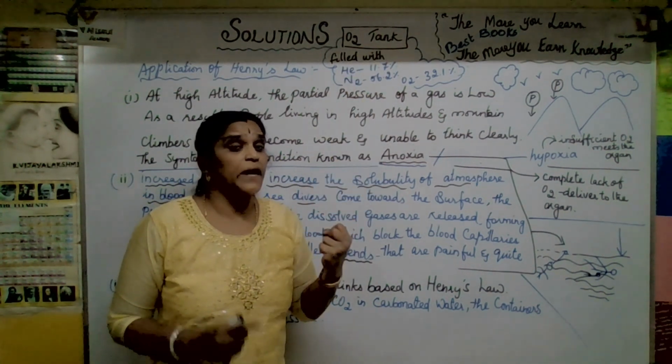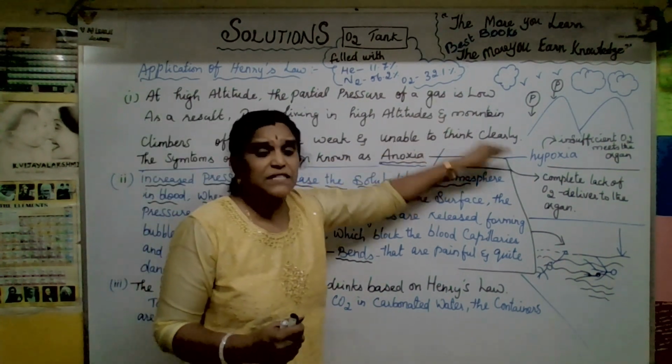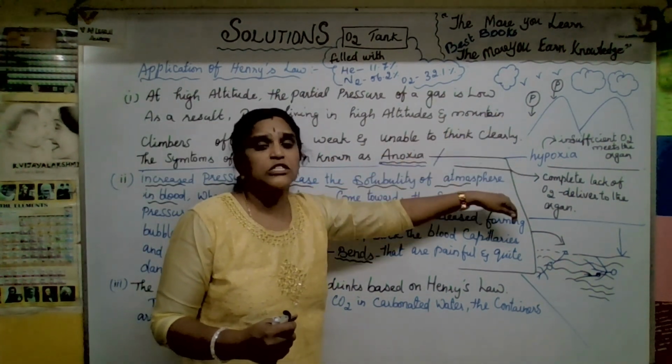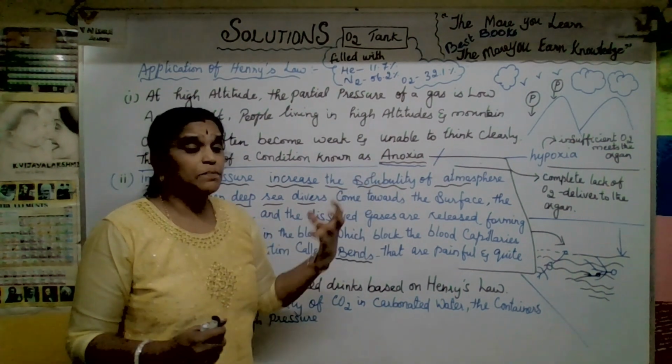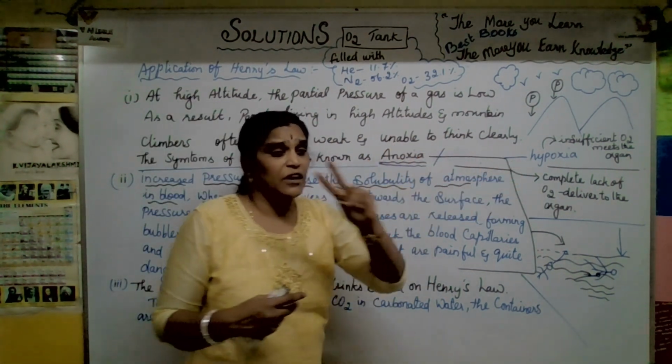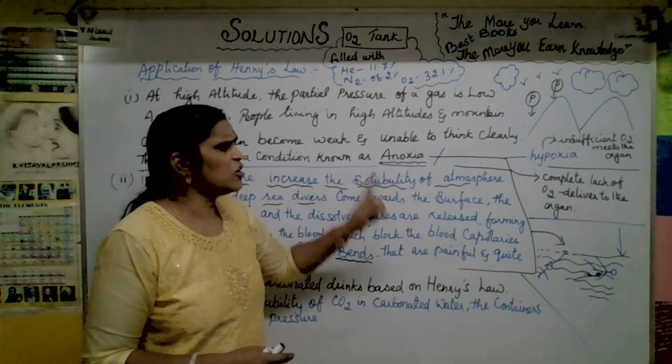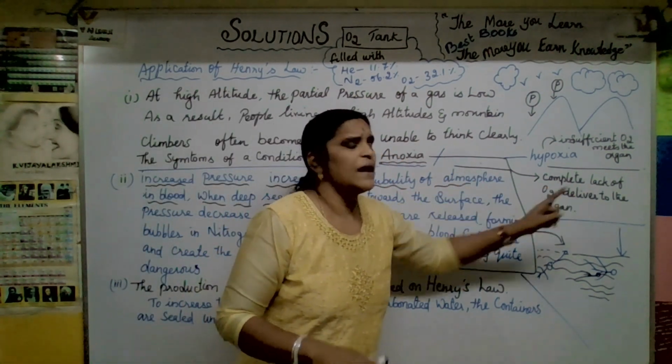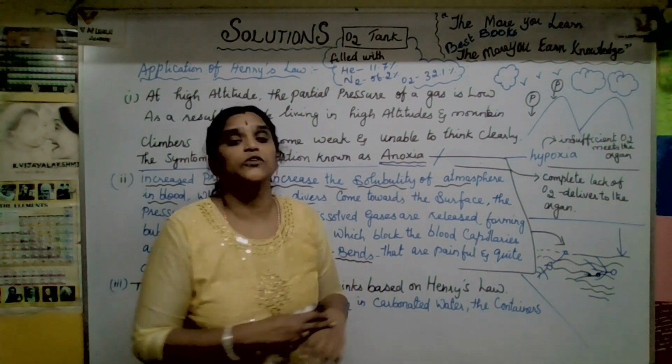At that point, what happened? The pressure is becoming low, and that causes the symptoms of anoxia. There are two conditions, anoxia and hypoxia. Anoxia means a complete lack of oxygen delivered to the organ.